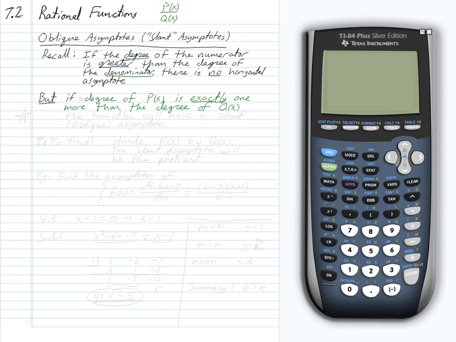The degree of the numerator is larger, but we will have what's called a slant asymptote. Now, a slant asymptote will be a line, but it's no longer going to be horizontal.